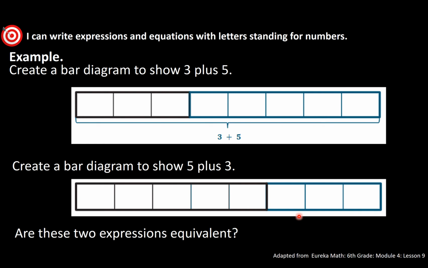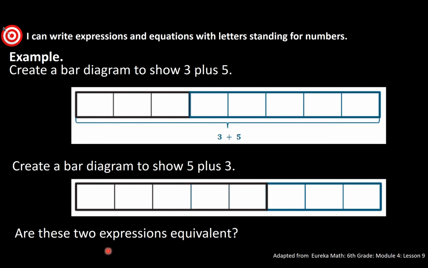So this is trying to get us started and reminding us about what exactly it means to write an expression using words. It says create a bar diagram to show 3 plus 5. So I had 3, and then I added 5. And then if I wanted to create a bar diagram to show 5 plus 3, I would have 5, and then I added the 3.